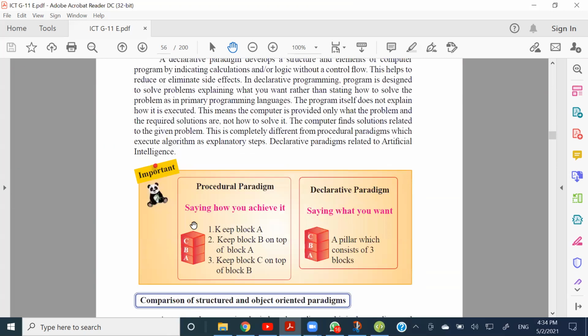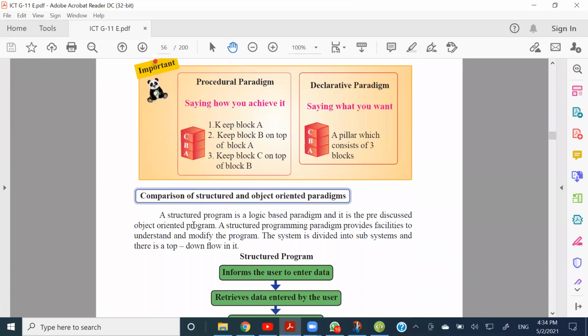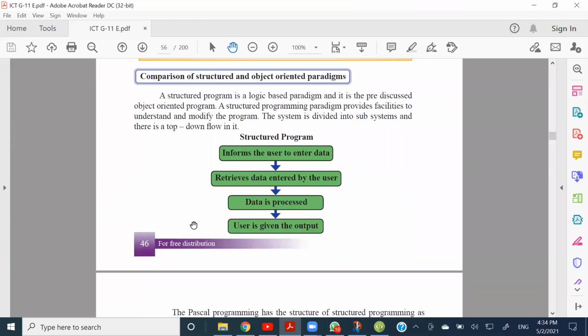A structured program is the way that we have programmed so far. We made variables, then if the variables needed data we assigned it, then we are working with the variables one after the other. The way we talked about procedural is what we call a structured programming language.